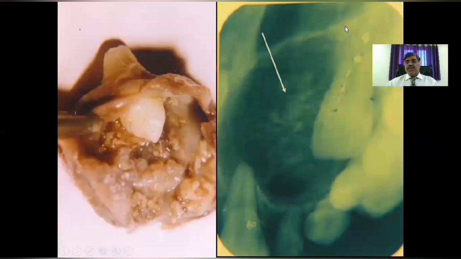The radiograph shows a unilocular, well-defined, corticated lesion, and in the center of the lesion there are multiple flecks of radio-opaque structures resembling bone or cement. This is a case of adenomatoid odontogenic tumor.